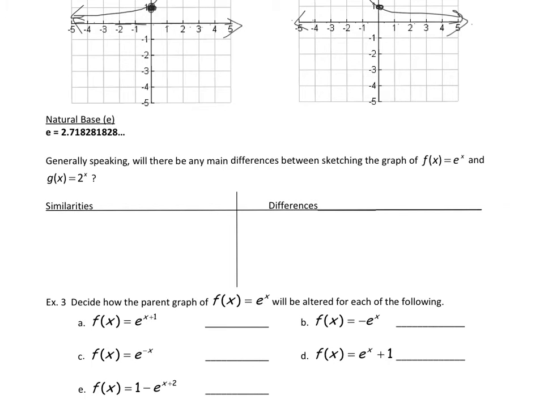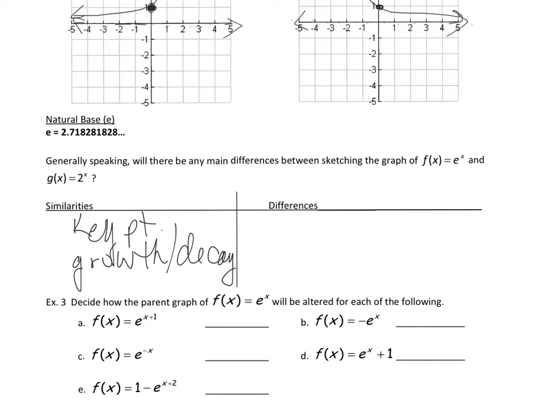So ultimately, the key point is going to be the same. Growth versus decay: if it's a growth problem, it's going to look the same essentially. If it's a decay problem, whether the base is 2 or the base is e, it's going to be the same. Only difference is the rate. The e to the x will grow just a tiny bit faster.